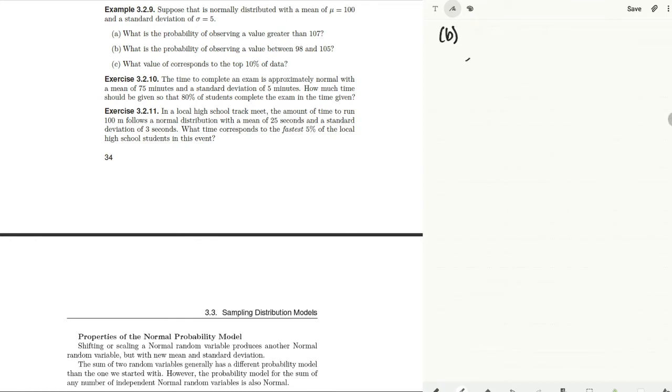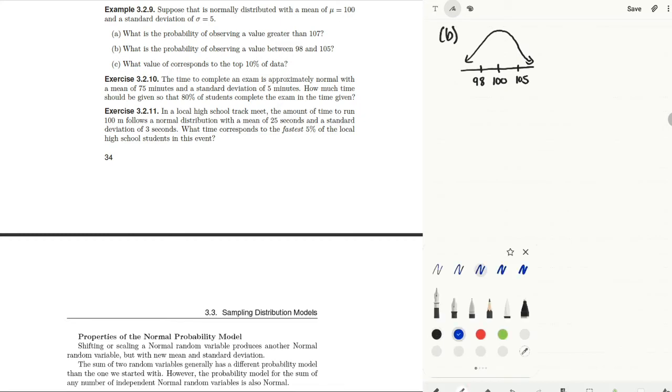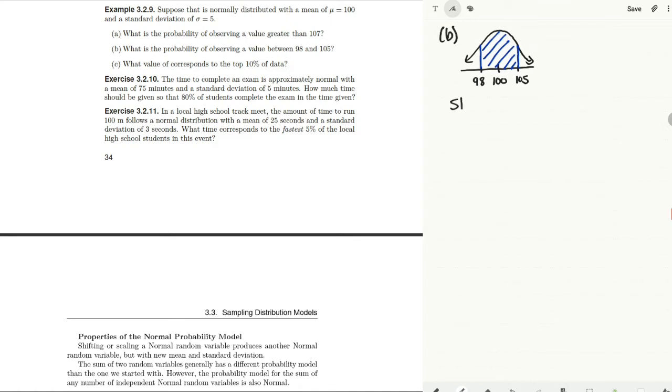So let's first draw the region. So for a mean of 100, we have values of 98 and 105. And so we want the area that falls between these two values. And this will give us our probability. And so once again, instead of working with this model, let's standardize our data and work with the standard normal curve.